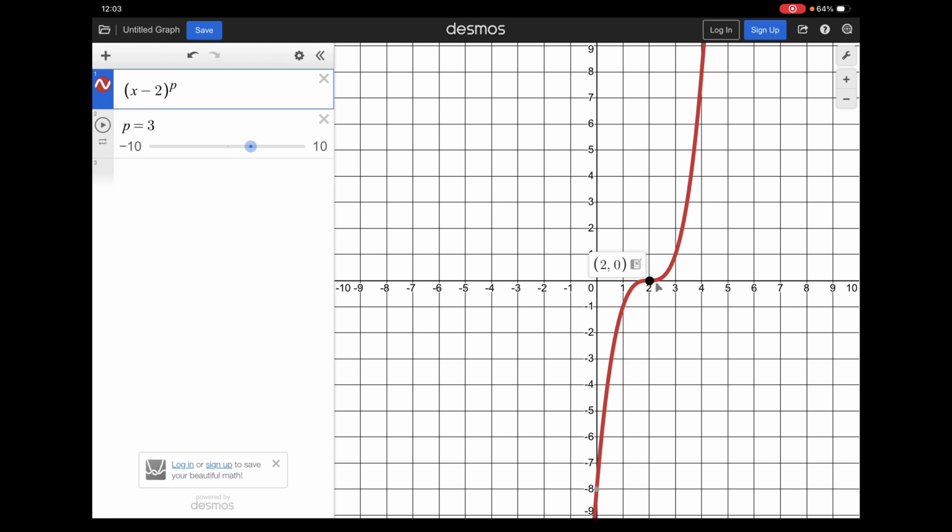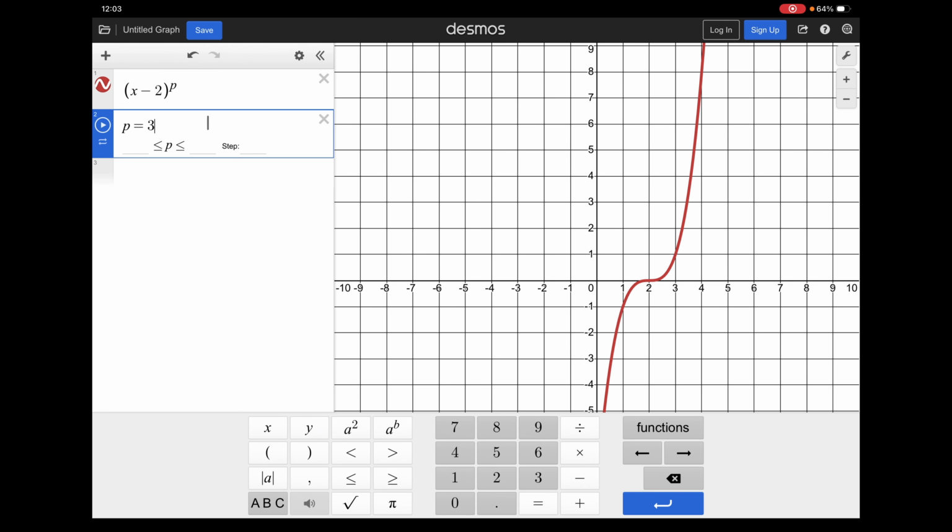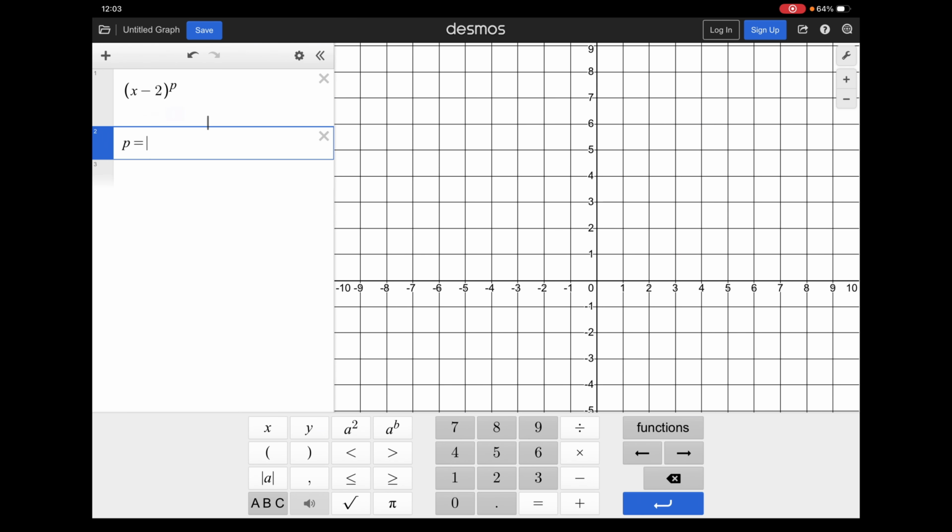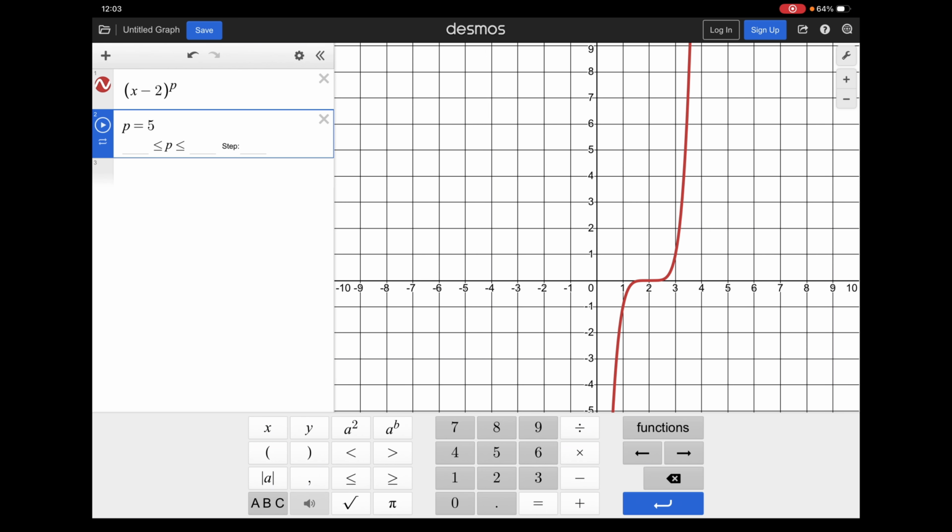So it's again crossing the x-axis at that value. And as long as I keep that exponent an odd number, like 5 and 7, it's going to behave the exact same way. Now the graph does change a little bit, obviously, because the power is different, but in terms of behavior, it behaves the same way.